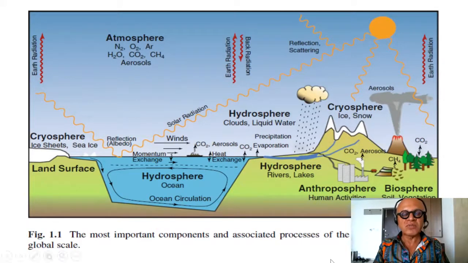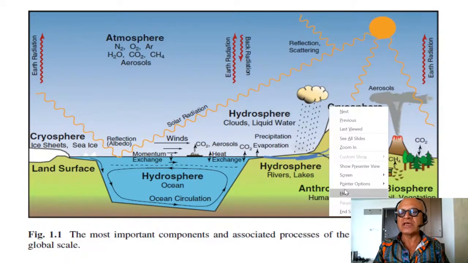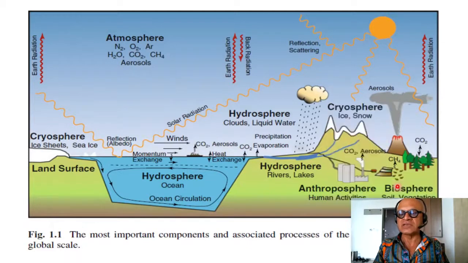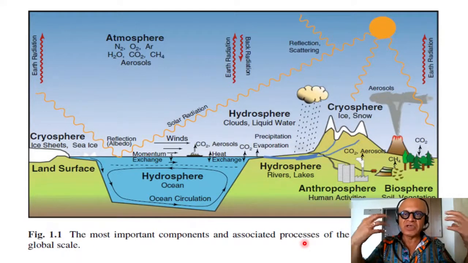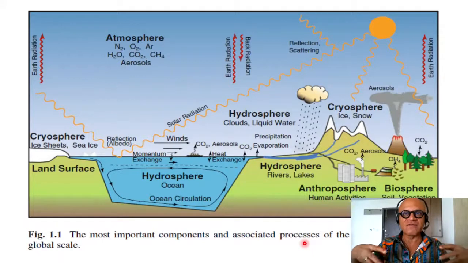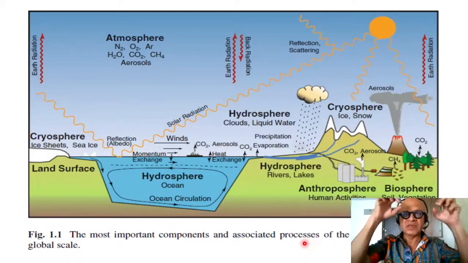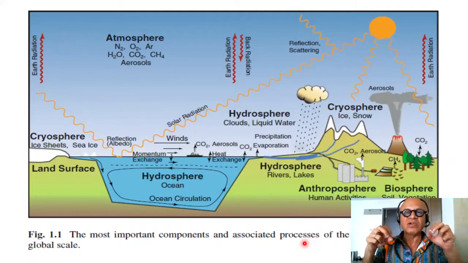So we'll mention Suki Manabe here. What are the most important components and associated processes that we are trying to represent in a climate model? There are governing equations that we will see later on, which often cannot be solved analytically. So we need to discretize them and put them on a computer and then integrate them, which means the sphere has to be represented in what are called grids that we will see, and so on.